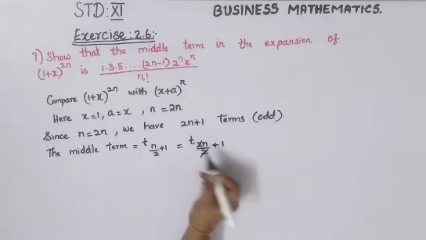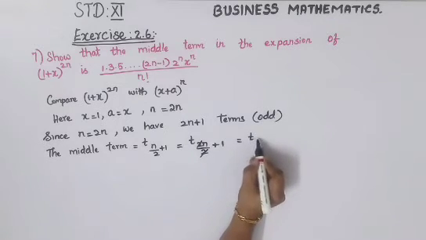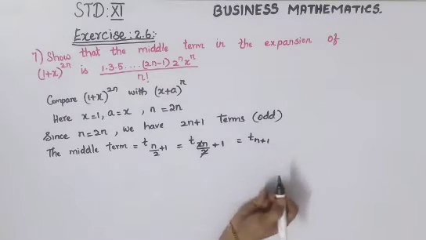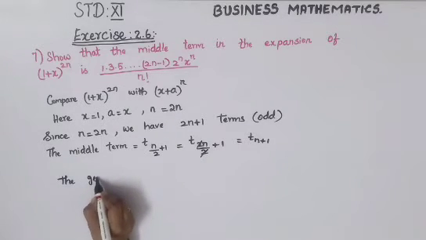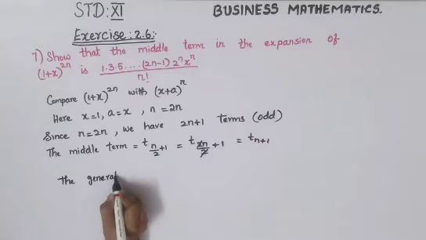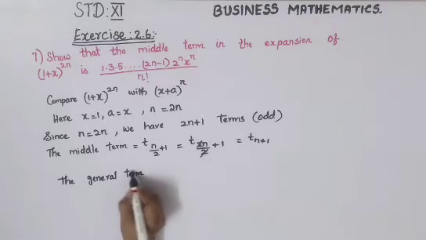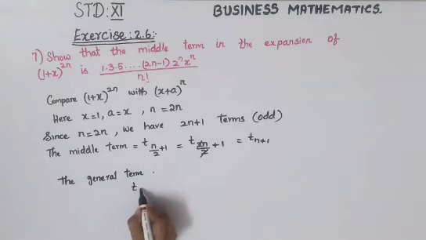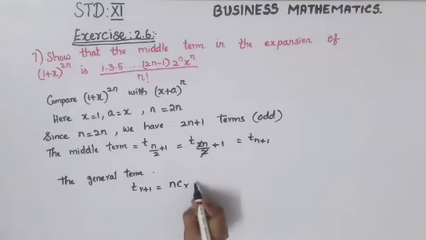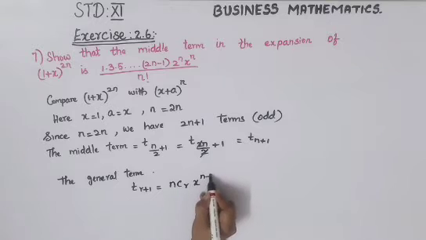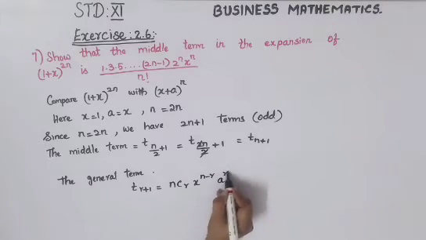So 2 and 2 you can cancel. So T n plus 1 you will have. Okay, so the general term formula is, the general term is T r plus 1 is equal to nCr x power n minus r into a power r.